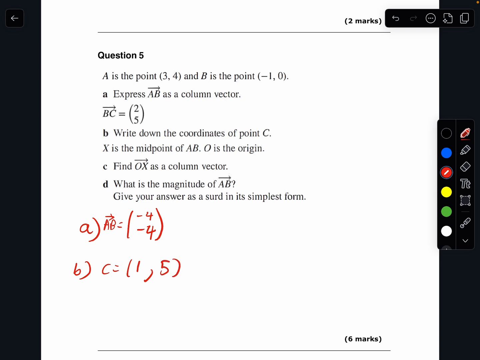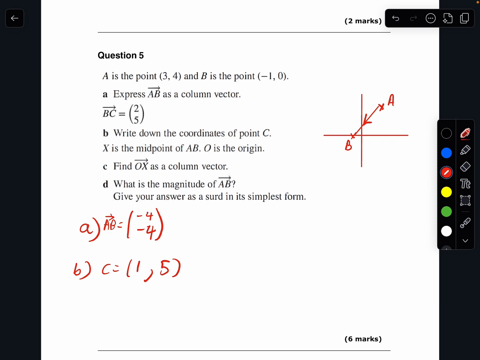X is the midpoint of AB, and O is the origin. So this is when it can be useful to think about what this looks like as a diagram. I didn't need a diagram until this point, but now I think I need one, so I'm going to put one down. (3, 4) is over here. (-1, 0) is over here. That's A, that's B. And I know that to get from A to B, I've gone 4 left and 4 down.